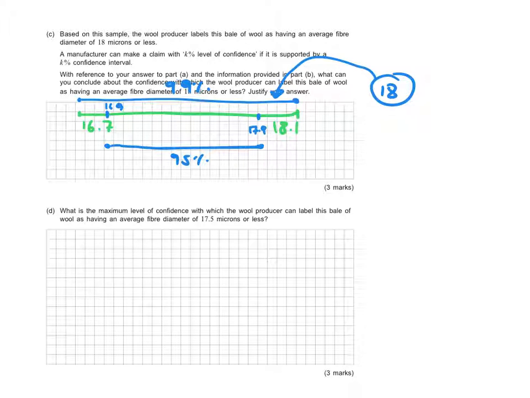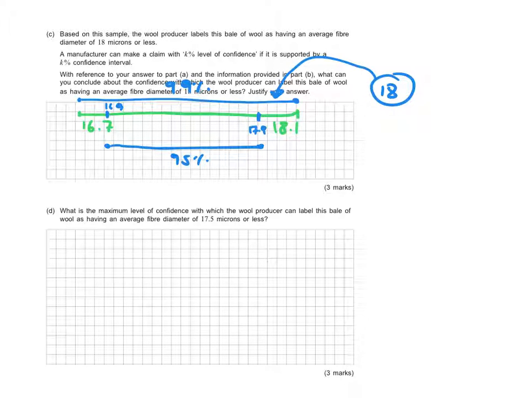So it can't be 99% because obviously it could be bigger than 18. We want to claim that on average it's less than 18. So definitely it can't be the 99% confidence interval. So the 95% confidence interval, the upper value is 17.9.